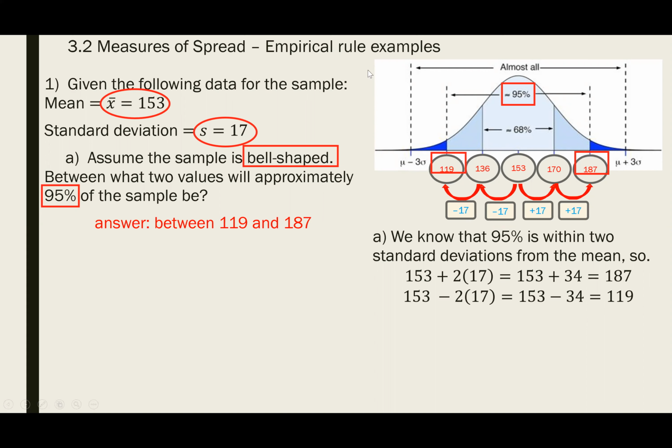If you were to list every single number, if you were to take one more step, this item will be 102, because 119 minus 17 will be 102.